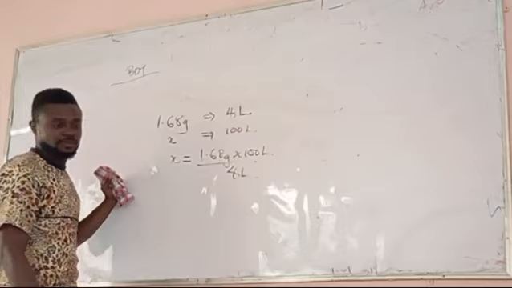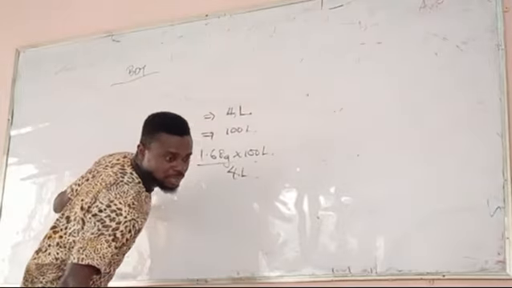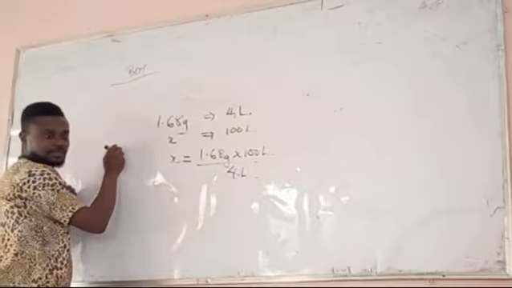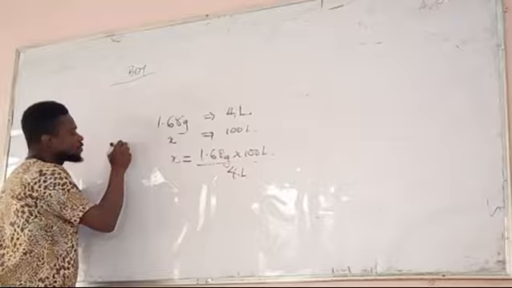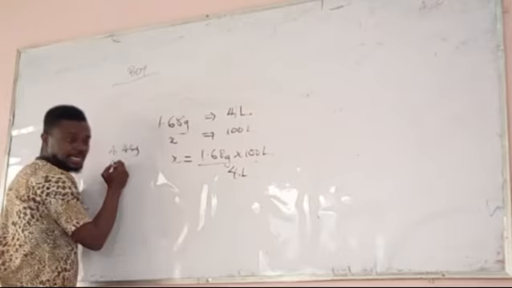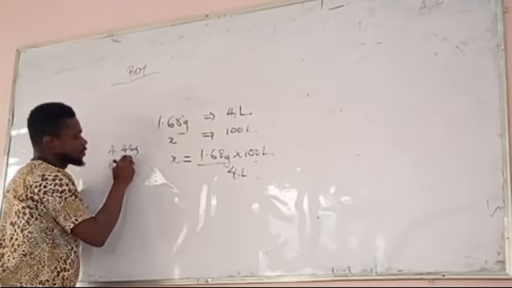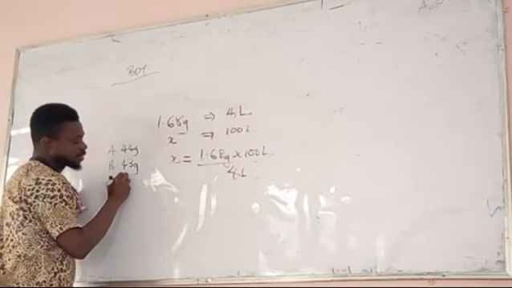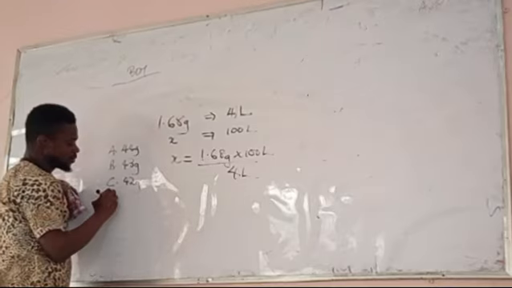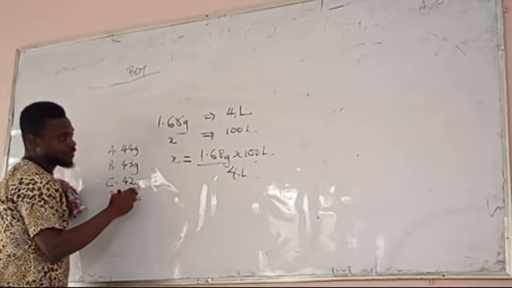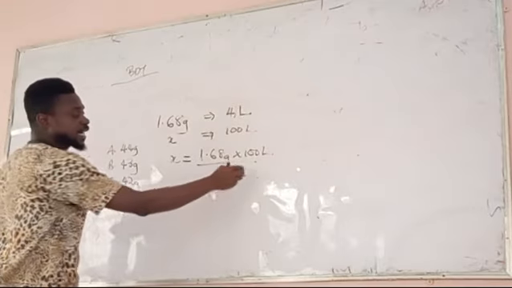Let me write out the options. Option A says 44 gram. Option B says 43 gram. Option C says 42 gram. Option D says 45 gram. Have you punched your calculator? Liter cancels liter.